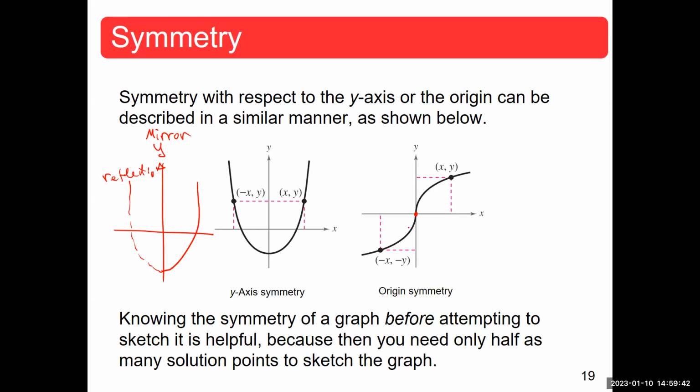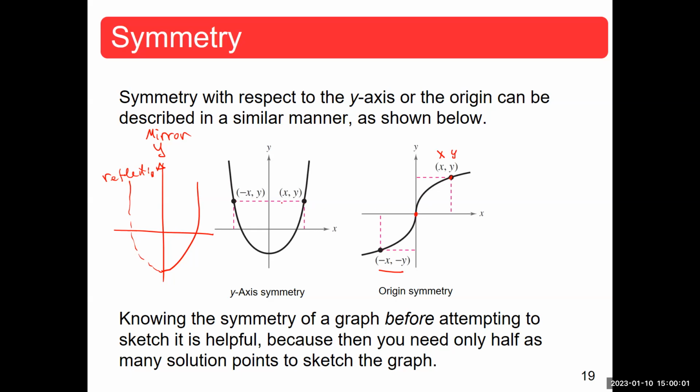When you take symmetry about the origin, you have a point here. So when you say symmetry about the origin, this point has an x, y, then if you go to the other side, the coordinates are negative, negative. So that's what we call a symmetry about the origin.